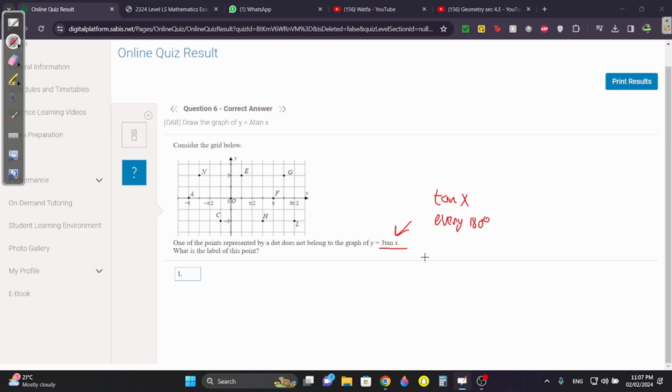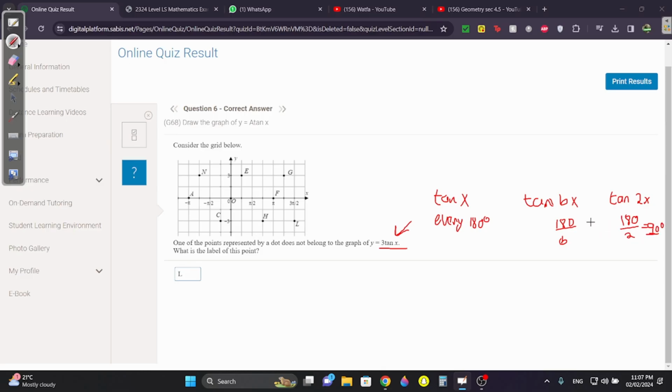But if you had, for example, tan bx, the asymptote will be every 180 divided by b. For example, for the graph tan 2x, where b is 2, the asymptote will be every 180 over 2, every 90 degrees.